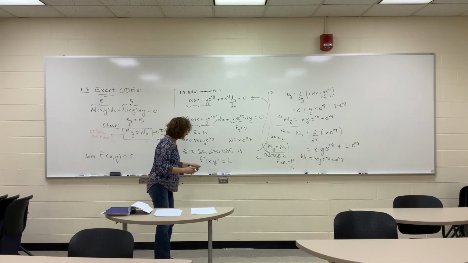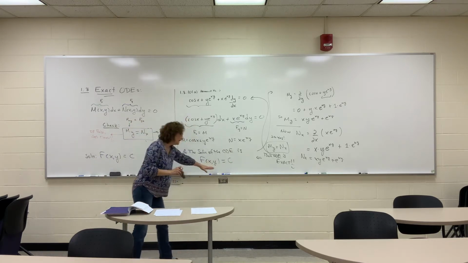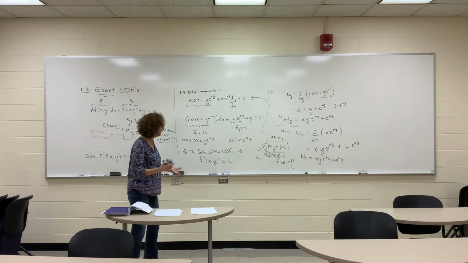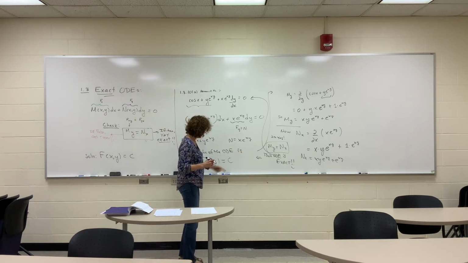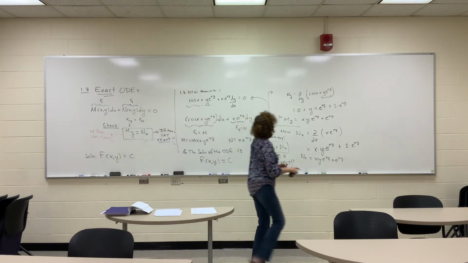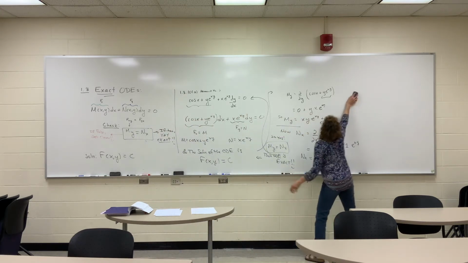Okay? So, these level curves are solutions of this differential equation. Our job now that we know it's an exact equation is to come up with f of x and y, right? That's our job. I'm gonna erase this now.